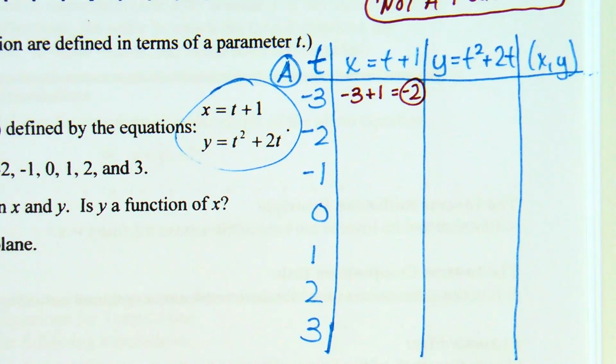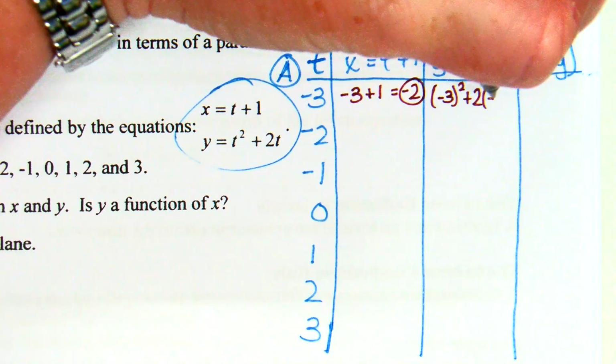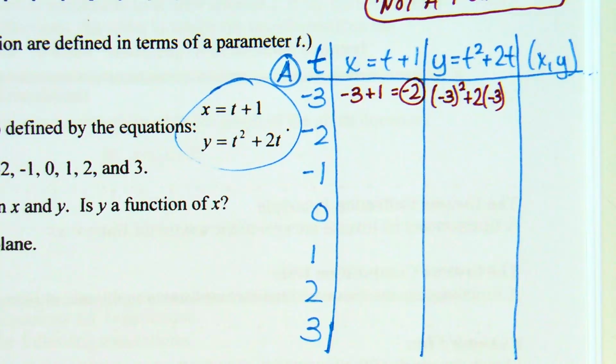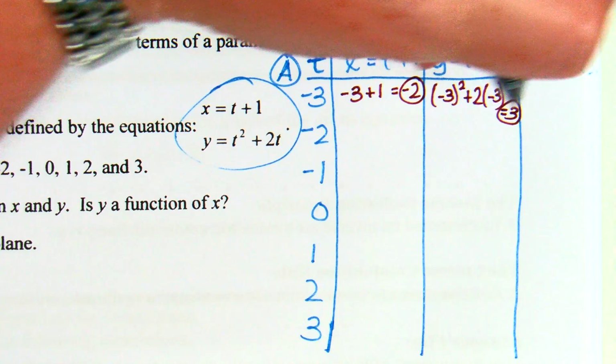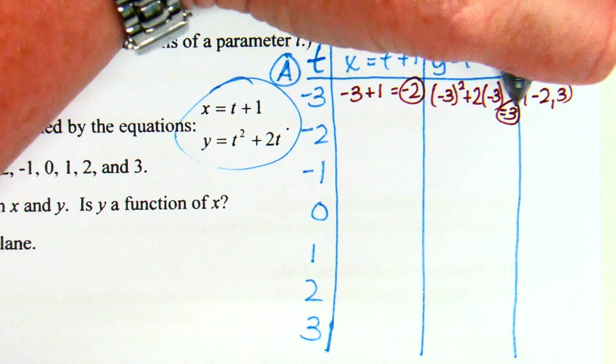Now to find the y, it's -3 squared plus 2 times -3. But again, you don't have to write work for any of them. I'm just trying to on the first one or two. So -3 squared is 9. 2 times -3 is -6. So 9 minus 6 is 3. So what's my ordered pair here? -2, 3. See how that works?